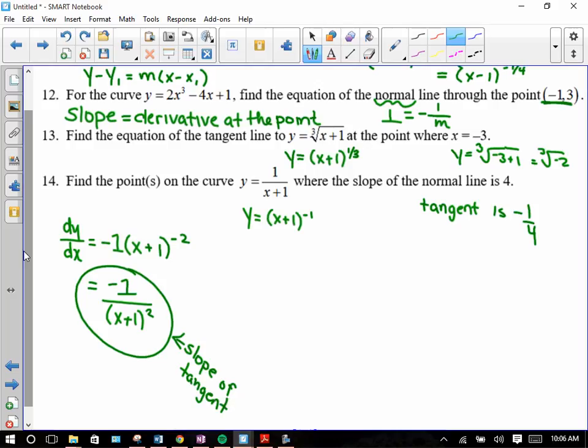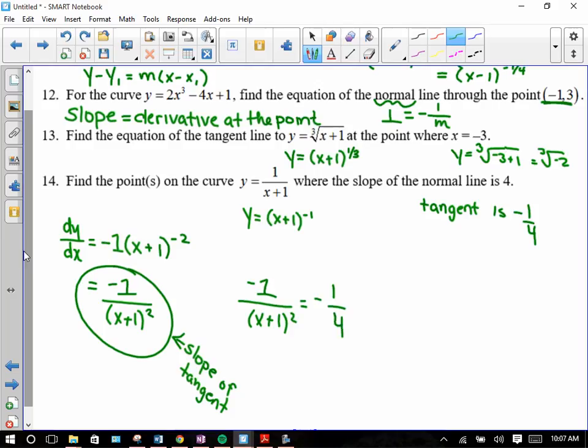We want the x values where the slope of the normal line is 4. Well, if the slope of the normal line is 4, the slope of the tangent line would be what? Negative 1/4. So we know that the derivative, negative 1 over x plus 1 squared, will be equal to negative 1/4.